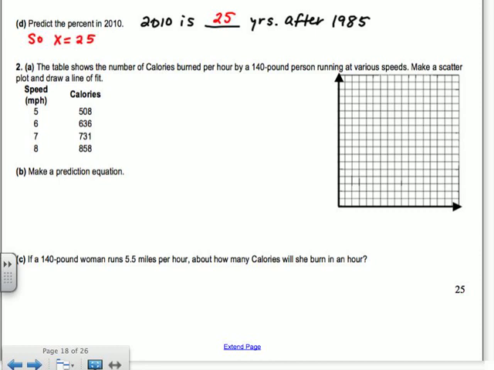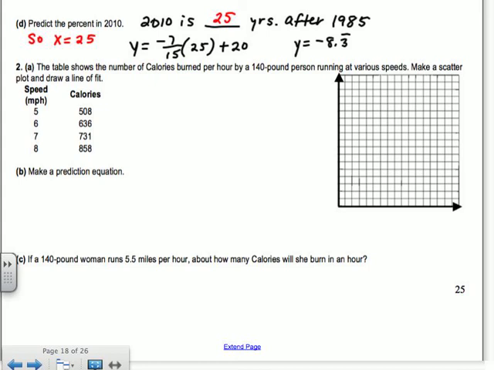So we're going to plug that into our prediction equation. So we have y equals negative 7 over 15 times 25, and then plus 20. I did it all on my calculator. I got negative 8.3 repeating.